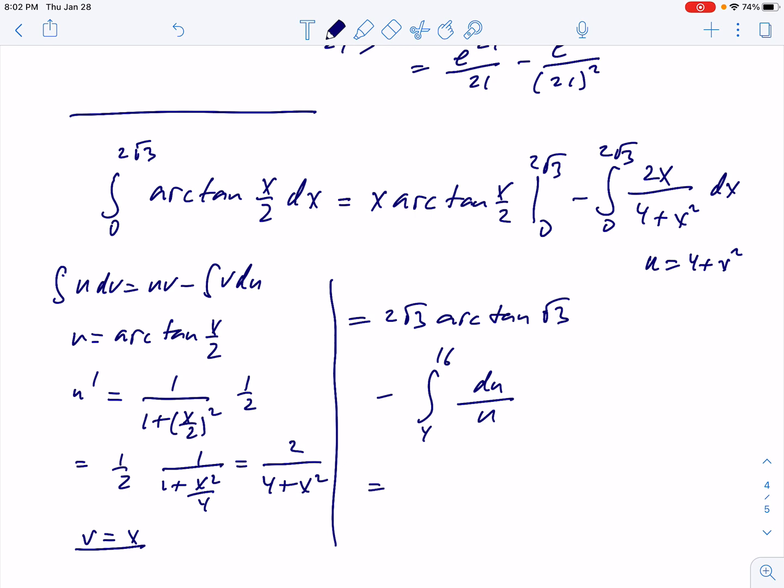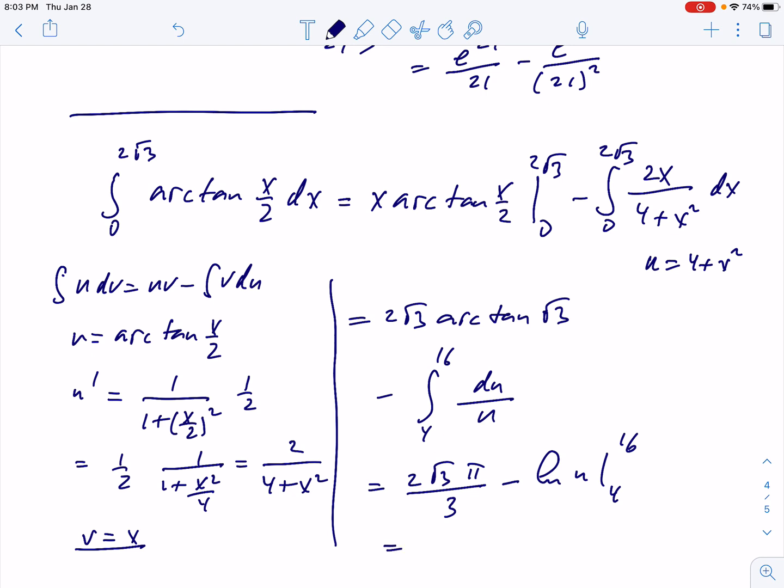Continuing this work, let's see what is arctangent root of 3. We did this when we talked about inverse trigonometric functions. Tangent pi over 3 is root of 3, so arctangent root of 3 is pi over 3. We have 2 square root of 3 times pi over 3 minus, here we have natural log u between 4 and 16.